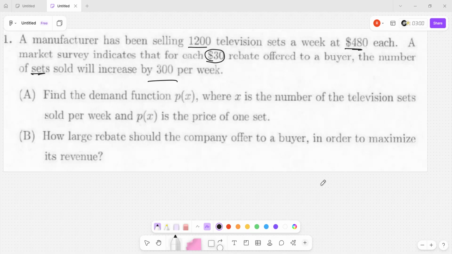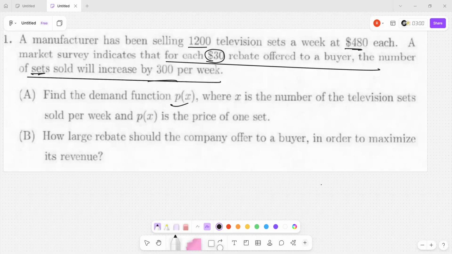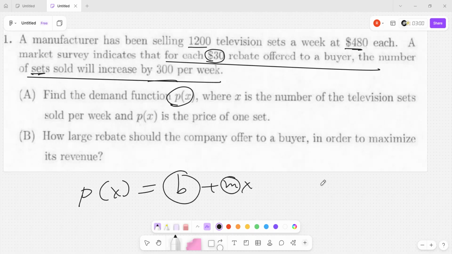Okay. This sentence is about the slope. Why? Because the price, the demand function, is about what? The y-intercept b plus mx, where m is the slope. And the x here is the number of television sets. Okay, how can I find m?